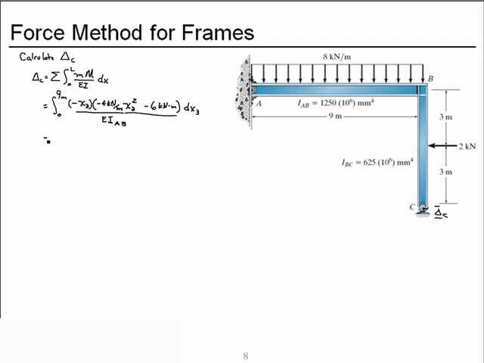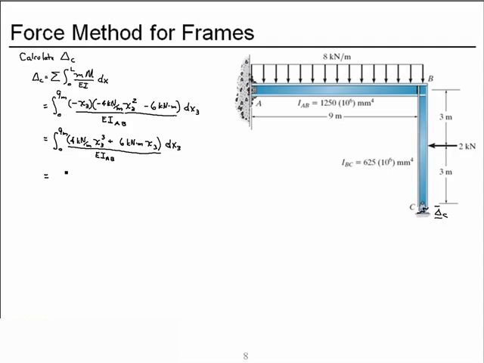Let's consolidate those two terms. We'll have negatives cancel, 4 kilonewton per meter x3 cubed plus 6 kilonewton meter x3. All of that integrated with respect to x3 over EI for member AB.